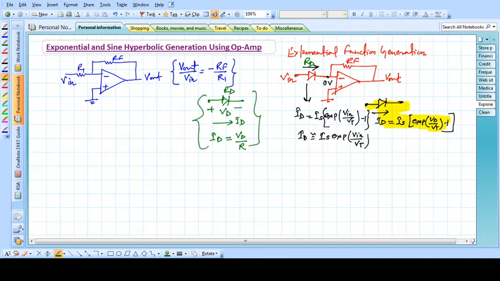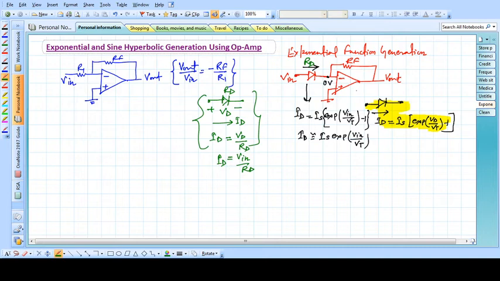This Vd is simply your V in, so V in by R is your ID, meaning RD. So RD value is V in by ID.